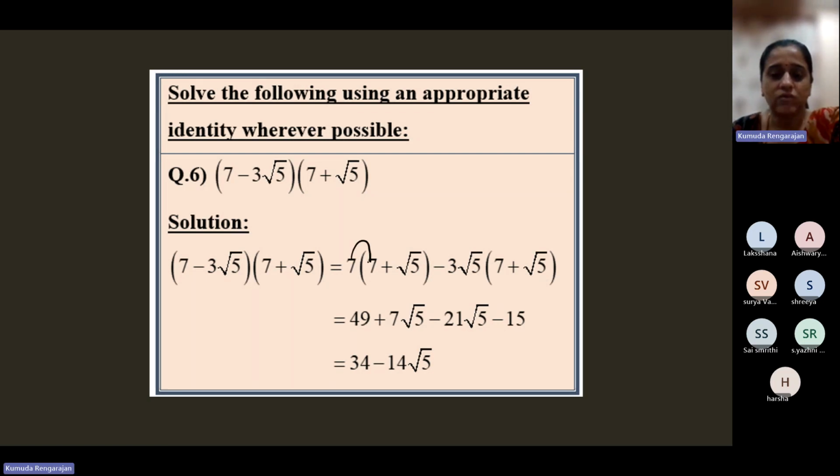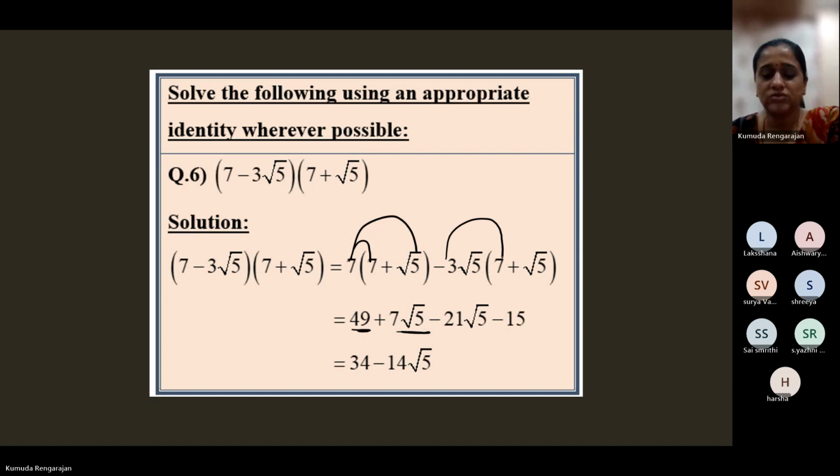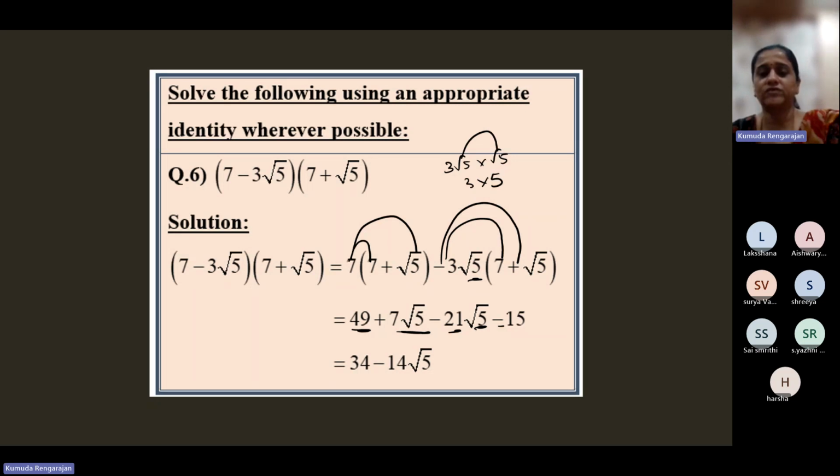7 into 7, 49. 7 into root 5, 7 root 5, plus 7 root 5. Then minus 3 into 7, minus 21 root 5. Minus into minus is plus, 3 root 5 into root 5. So 3 into root 5 into root 5 is 15.